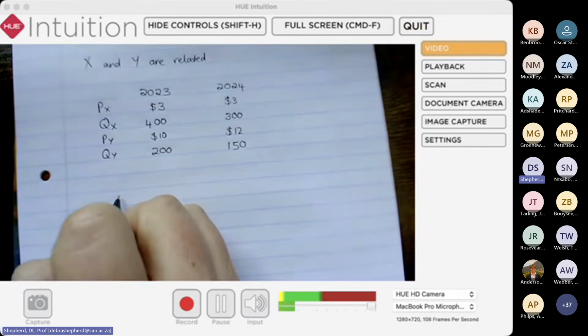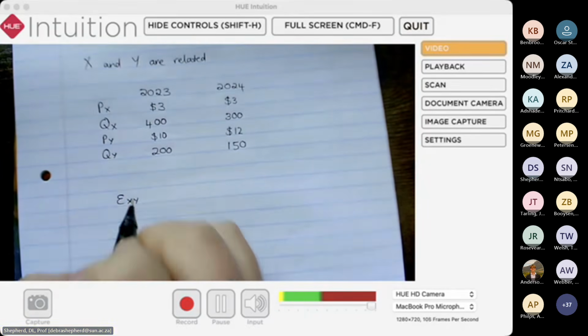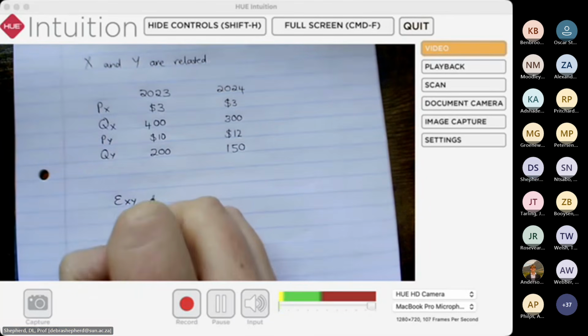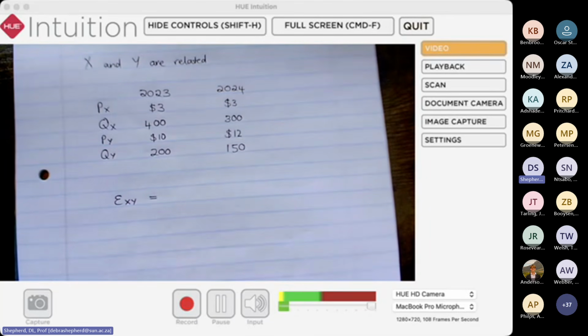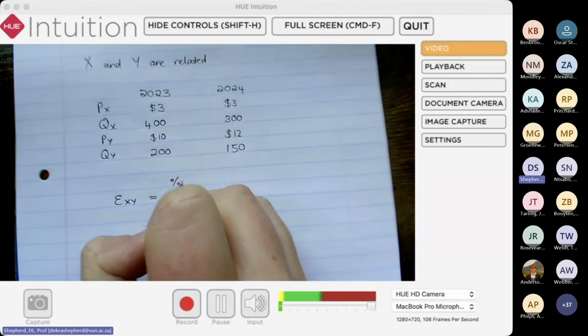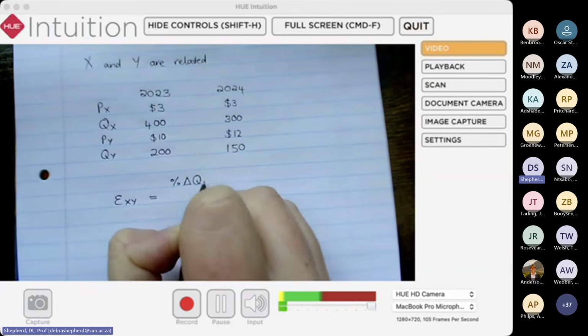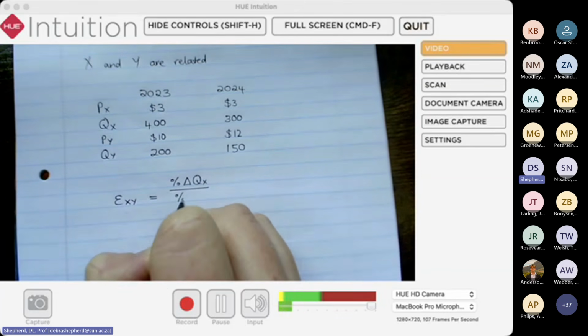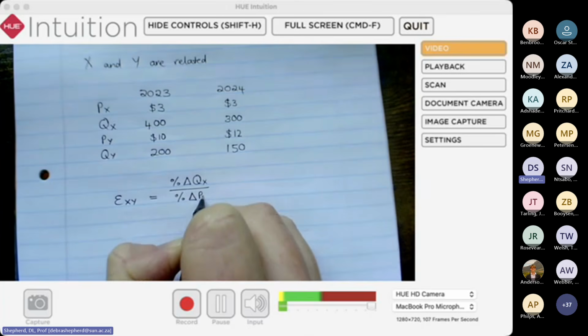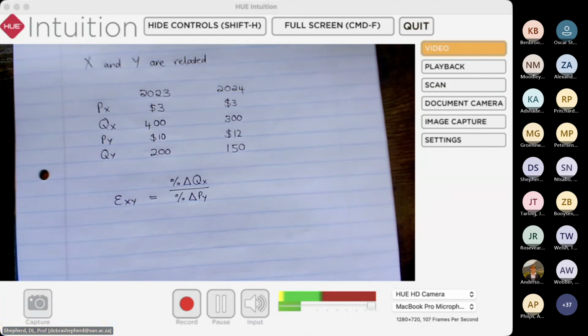Okay, so the cross-price elasticity of X and Y, we calculate as how does the quantity of X respond to a change in the price of Y. So an elasticity formula always has a percentage change in the numerator and the denominator.